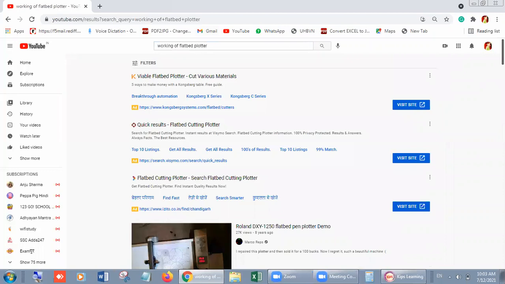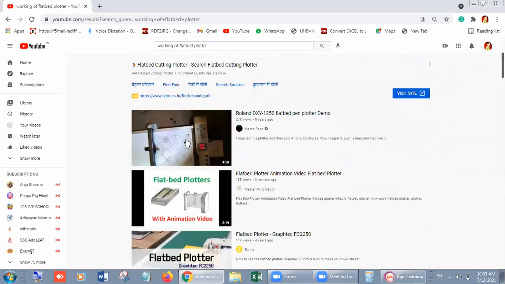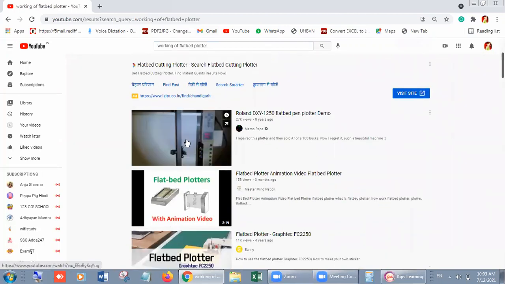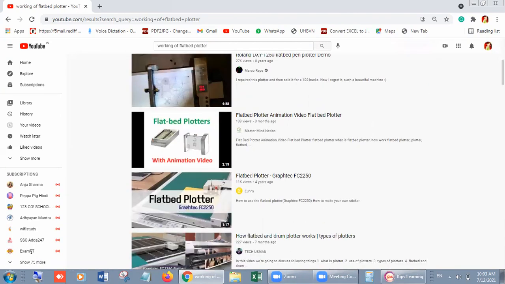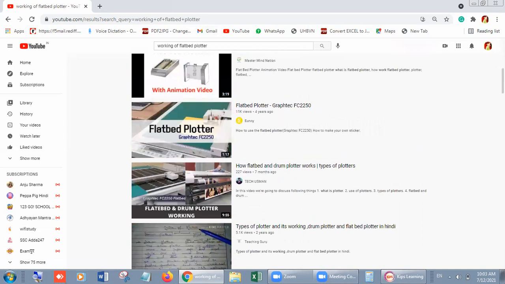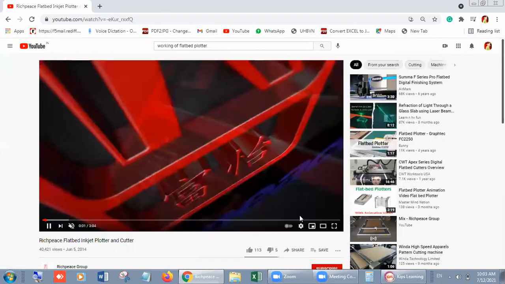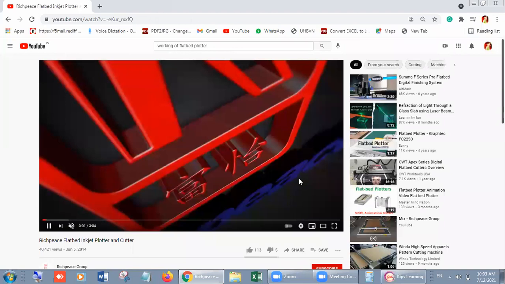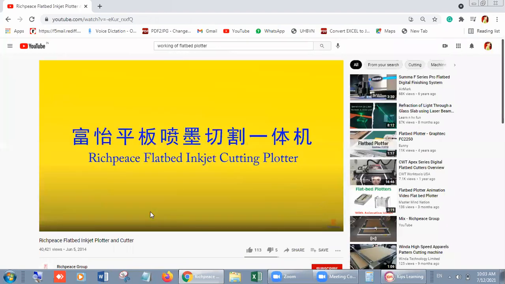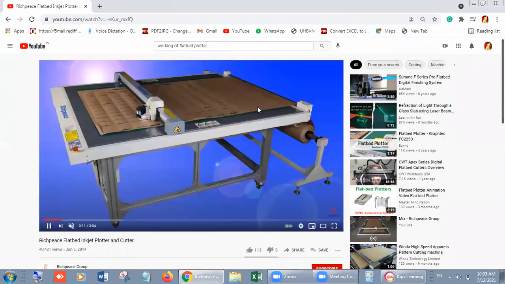This one, you can observe here. Look, student. Let me pause the video. Look, students, this is our flatbed plotter, right?